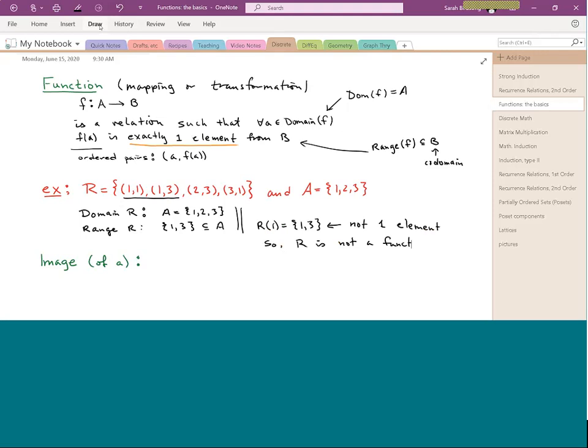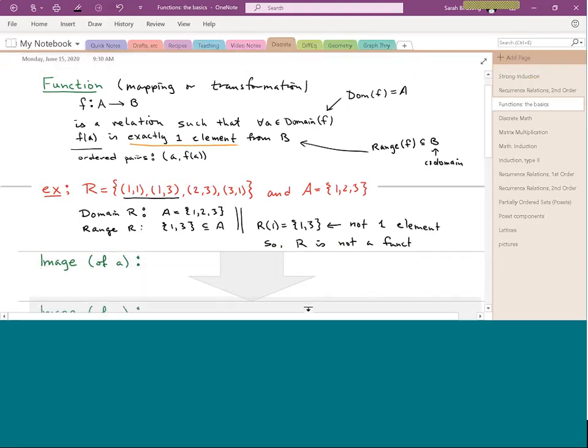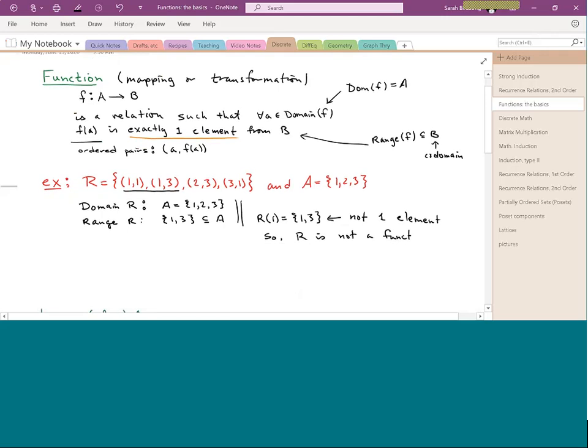Now, if we wanted to actually look at an example that was a function, we could do something like this. Maybe we look at relation S. I can still look at the same building set of 1, 2, and 3, but now the key thing is to make sure that this guy is a function, so let's build ourselves a function.